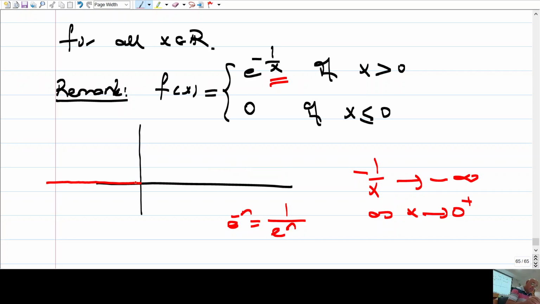So this function has such a graph. And as x goes to infinity, 1 over x goes to 0, e to the power 0 is 1. So this thing is something like this. Okay, here this is 1.